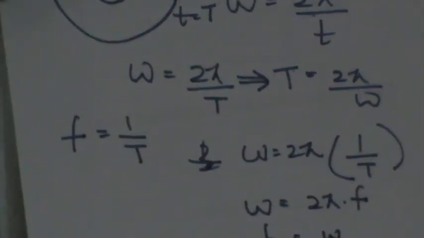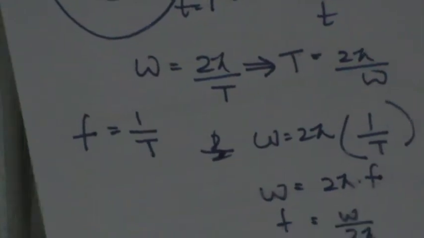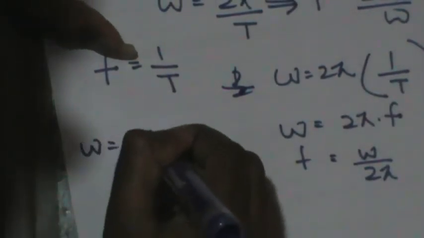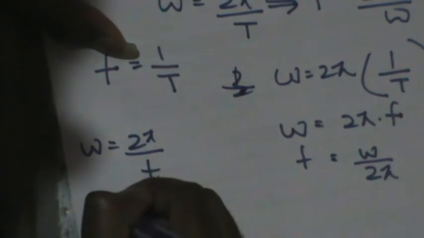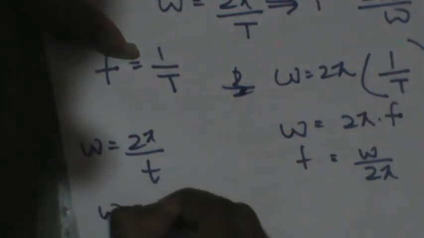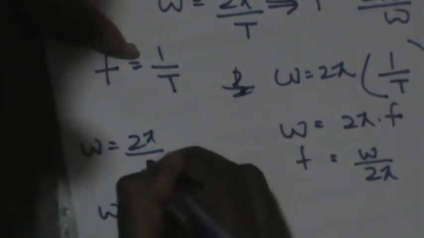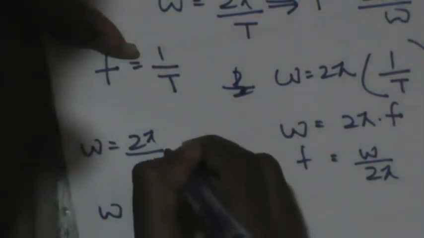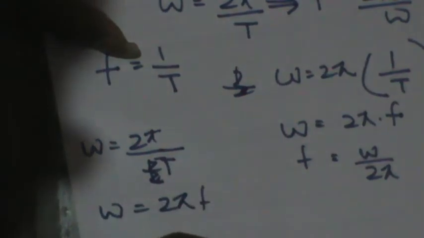So there are 2 important quantities described here. We got the relationships omega equals 2 pi by T and omega equals 2 pi F, and from this you can derive that T equals 2 pi by omega and F equals omega by 2 pi.